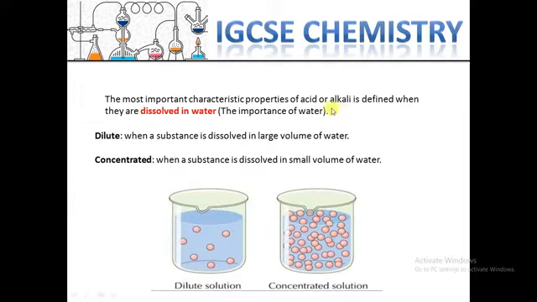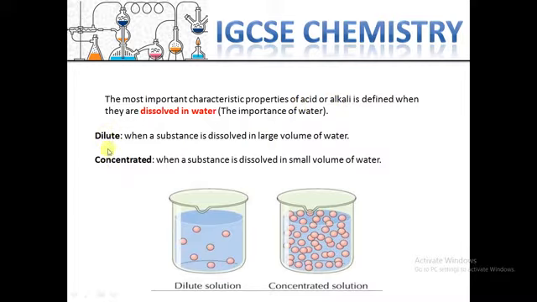The best condition to define acid and alkali is a solution condition. So when they are dissolved in water, we can define acid and alkali better. This is the importance of water. This is the role of water. In this situation, the production of hydrogen ions and hydroxide ions is better and more clear.